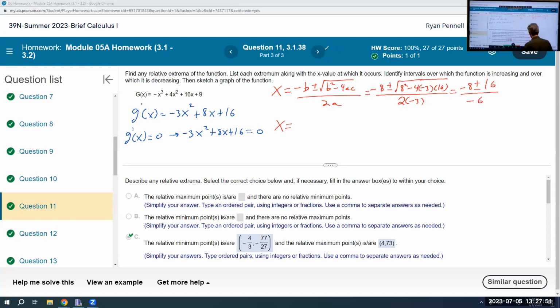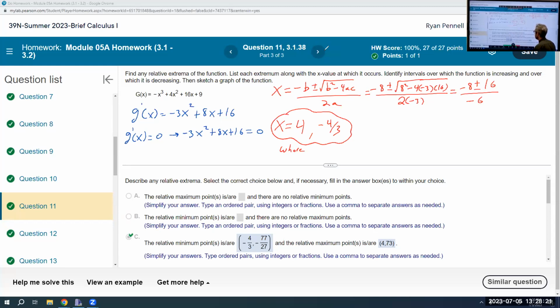So that's -8 minus 16 divided by -6, which I got as 4, and -8 plus 16 divided by -6, which gives -4/3. Okay, this is where it occurs.